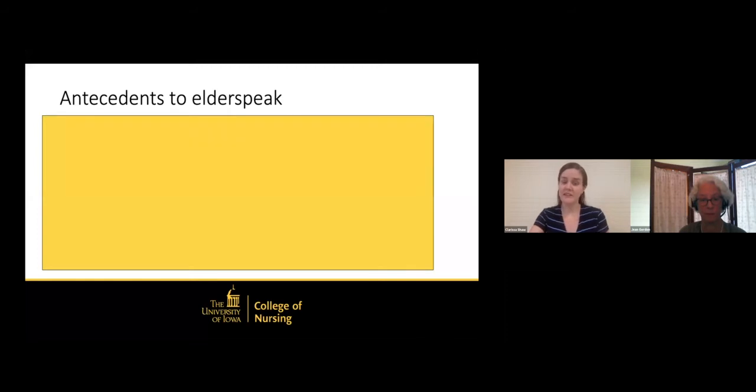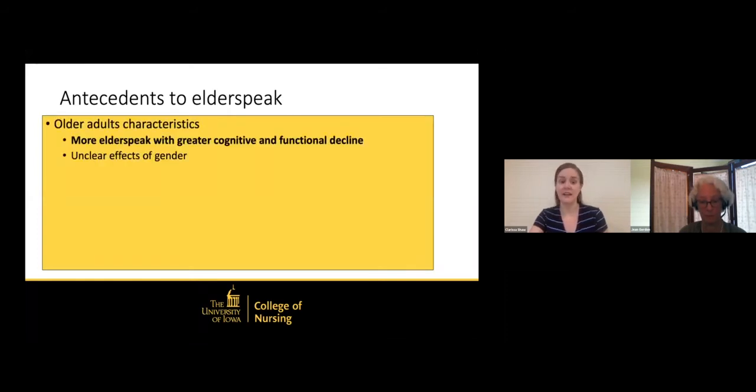So other antecedents to elderspeak, so what we think leads to elderspeak, is we know that elderspeak is more common with older adults who have a greater cognitive or functional decline. Sometimes it's not whether they actually have that greater decline or the speaker perceives they have a greater decline. And then sometimes people wonder, is it more common to female residents than male residents?